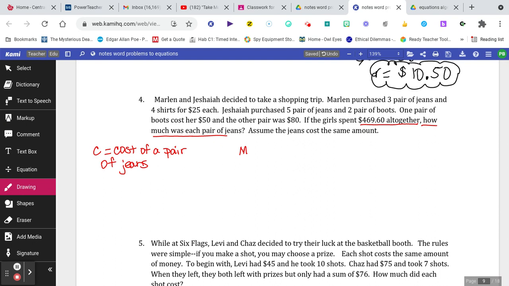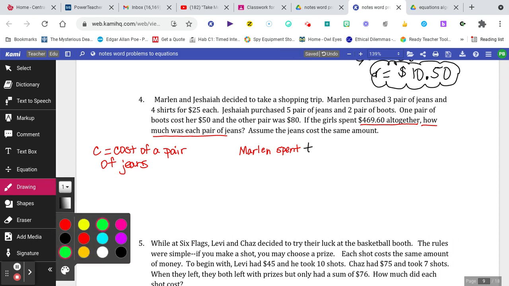So I need what Marlene spent plus what Josiah spent has to equal $469.60.